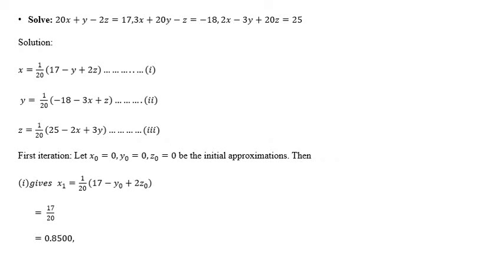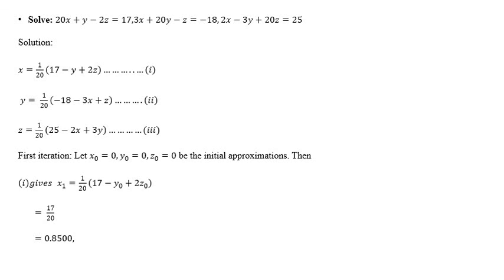Now consider an example. Solve the system of equations 20x plus y minus 2z equals 17, 3x plus 20y minus z equals minus 18, 2x minus 3y plus 20z equals 25.